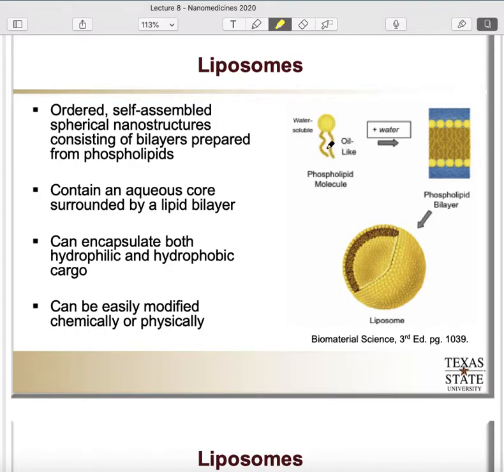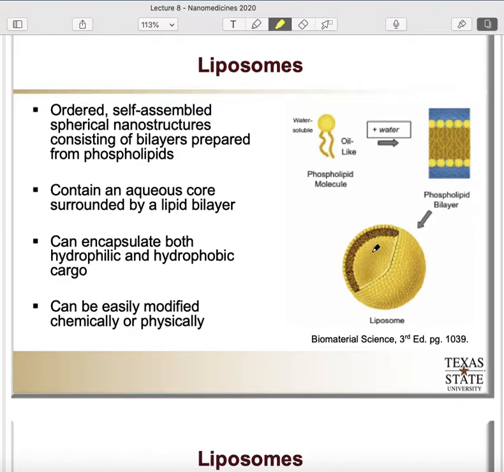All right, anyways, when you put this into water, it forms a phospholipid bilayer. And that phospholipid bilayer can be manipulated then into forming a spherical type of particle, where the phospholipid bilayer is forming this shell, and the inside is not empty. It's going to have water.